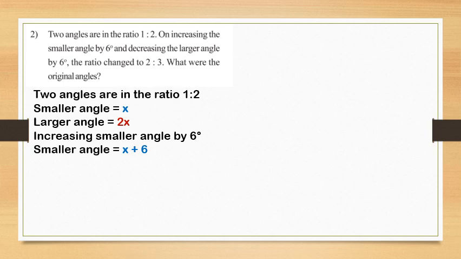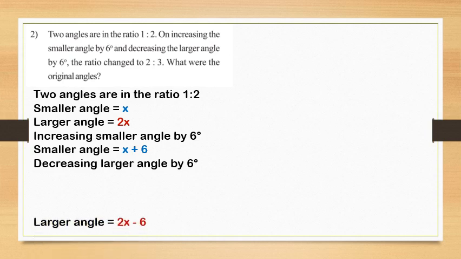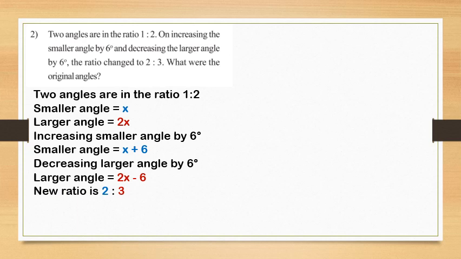Then decreasing the larger angle by 6 degrees. So let us write larger angle equal to 2x minus 6. We know the new ratio equal to 2:3. Then how can we write this relation? Yes, x plus 6 divided by 2x minus 6 equal to 2 divided by 3.